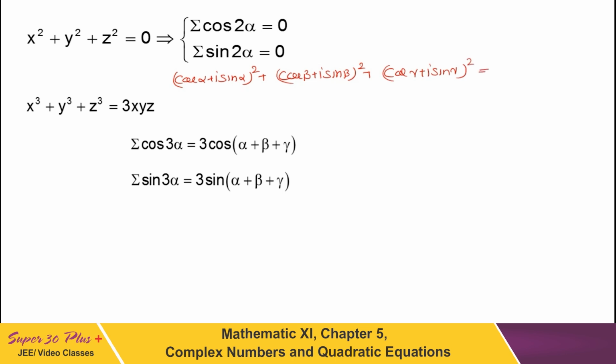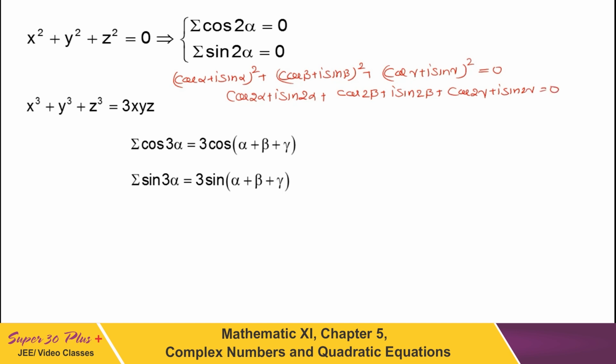Now using De Moivre's theorem, you can say cos 2α + i sin 2α, similarly cos 2β + i sin 2β plus cos 2γ + i sin 2γ.